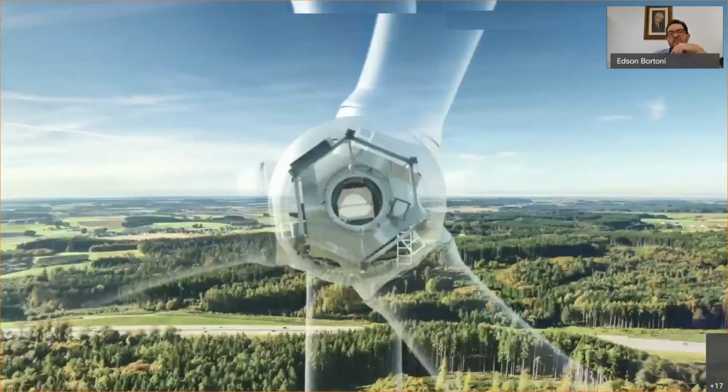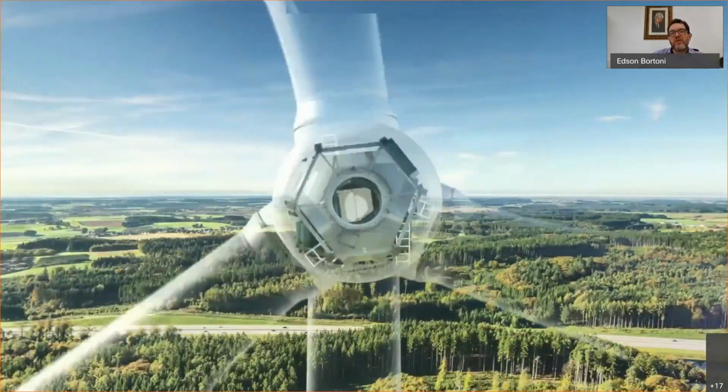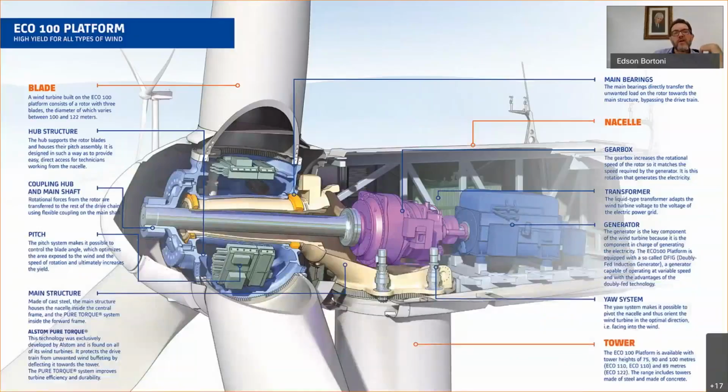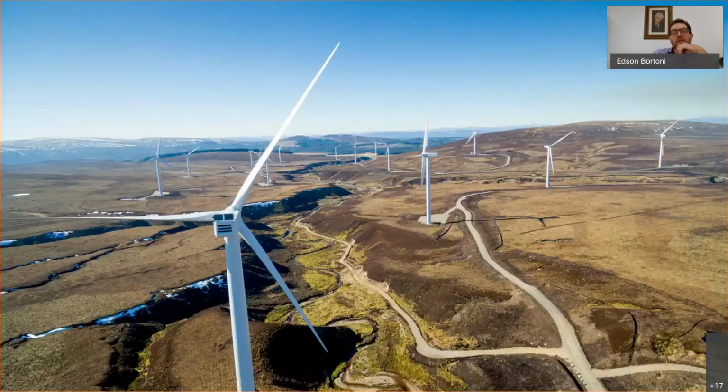Well, that's the wind turbine. So you have here the hub, the blades, and the speed multiplier, and the generator works at a higher speed. So we try to put the wind generators on the top of mountains because when you are at a higher level, you have more speed.